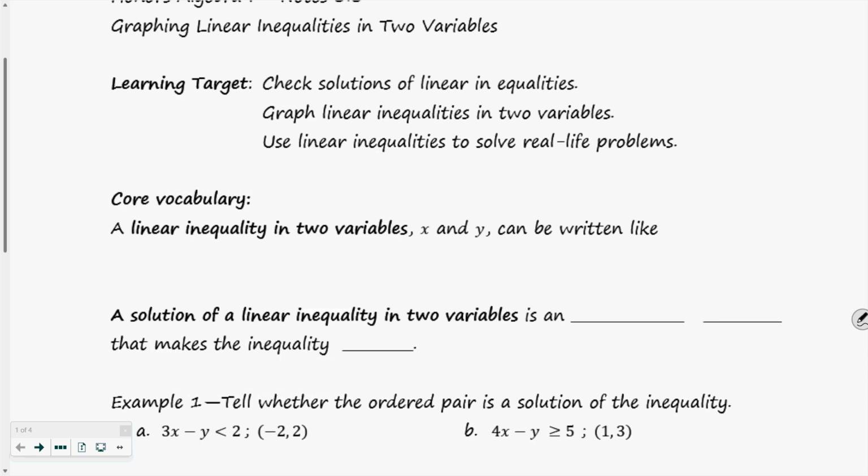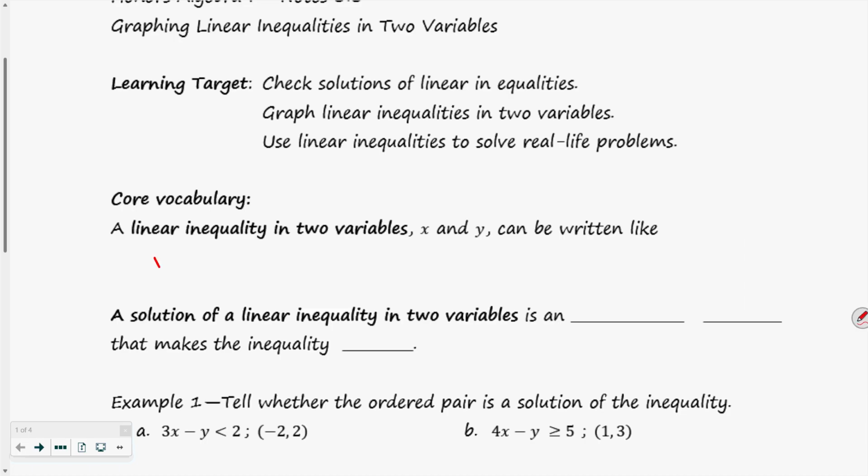We're going to have two variables, x and y, just like we had with our linear equations, only this time we're going to have an inequality symbol instead of an equals. Some examples of linear inequalities might look like this.